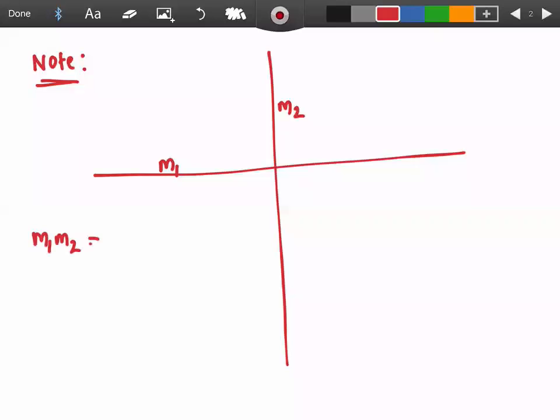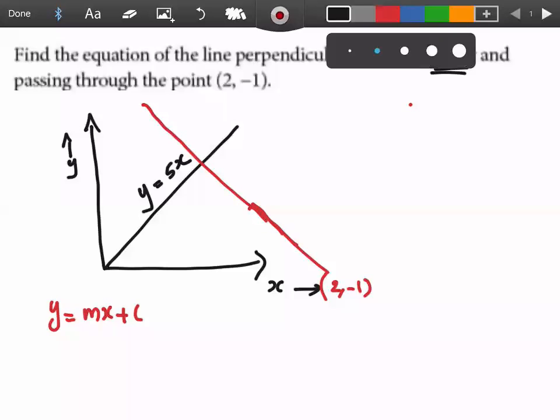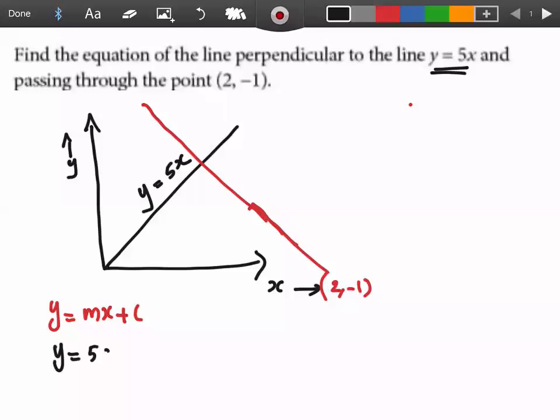Now consider this figure. What is the gradient of this line? Any line is of the form y = mx + c. In the equation y = 5x + 0, we know that c is 0 and m is 5.